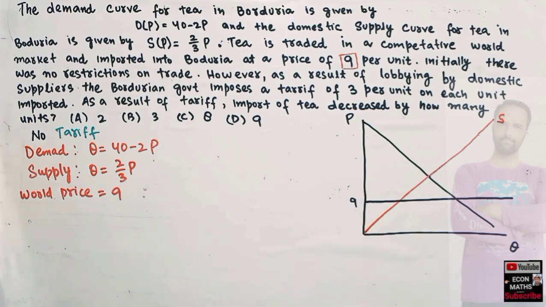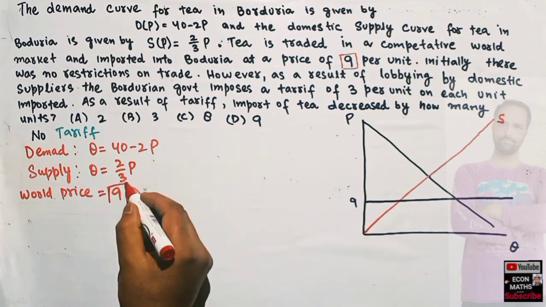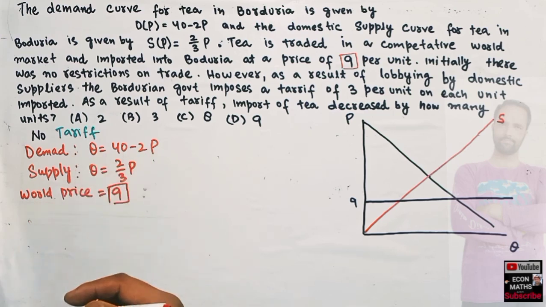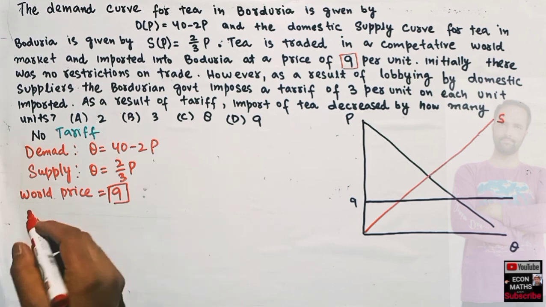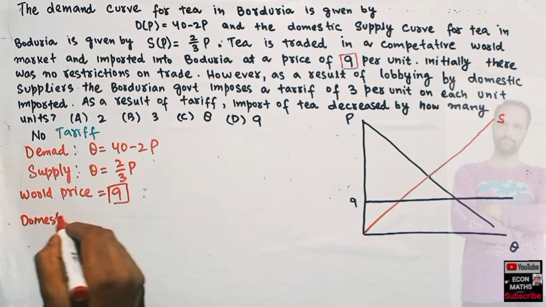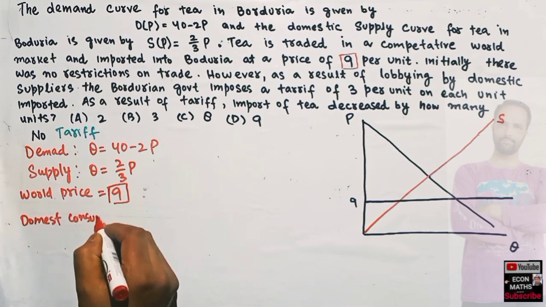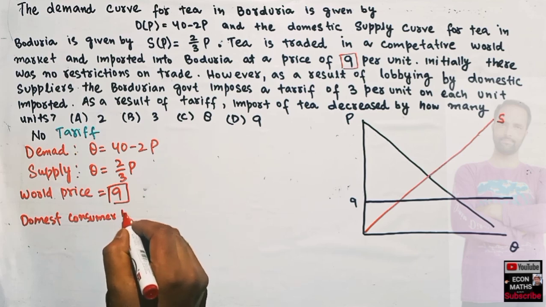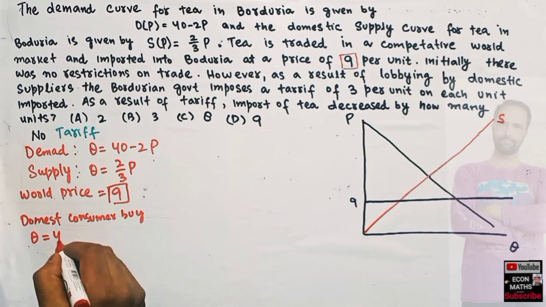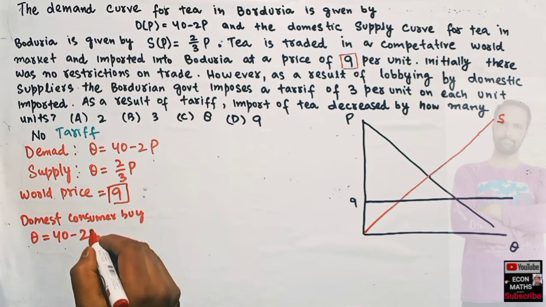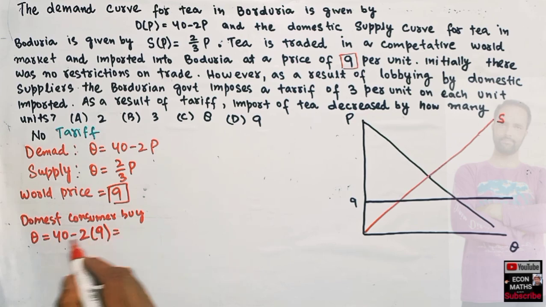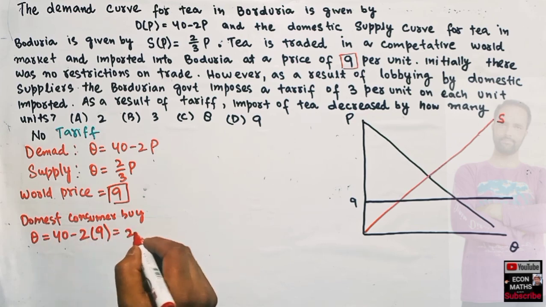Corresponding to this world price of 9, what is the demand by the domestic consumers? So domestic consumers will buy Q is equal to 40 minus 2 into the world price, which is 9. 9 2s are 18, so this comes out to be 22.